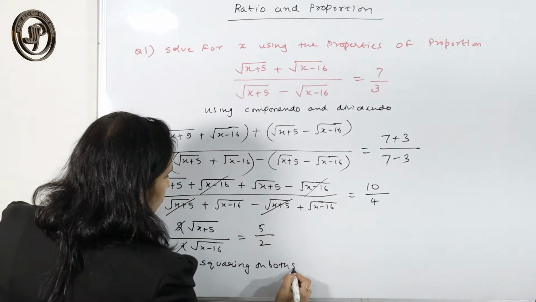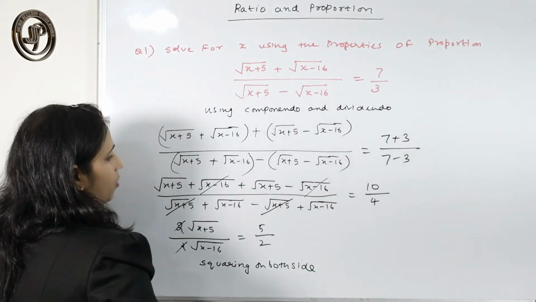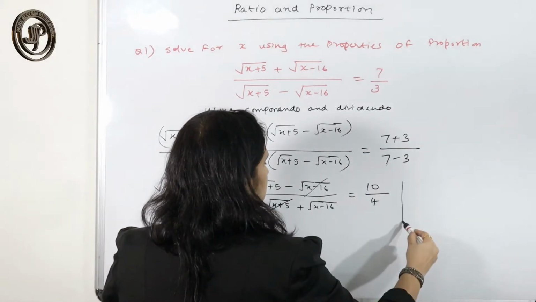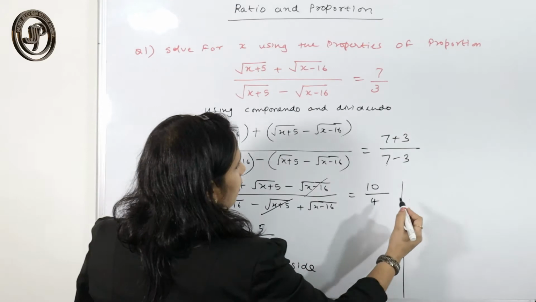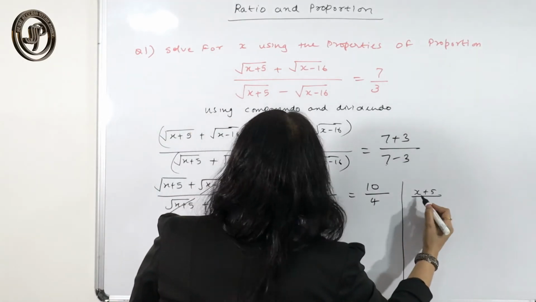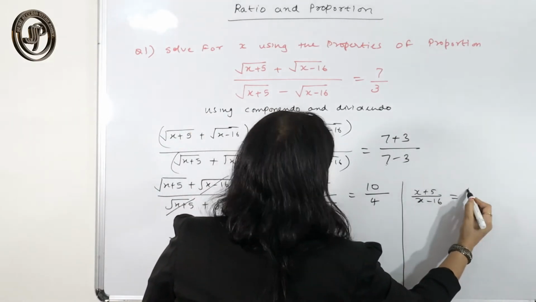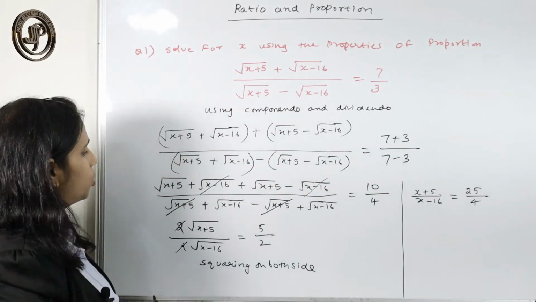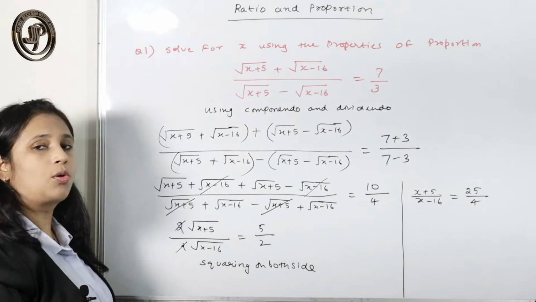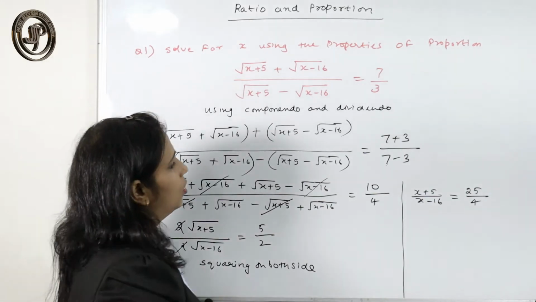If we do squaring on both sides, then what can we write here? x plus 5 upon x minus 16 is equal to 25 by 4, because when we do squaring, this root and square will cancel out.